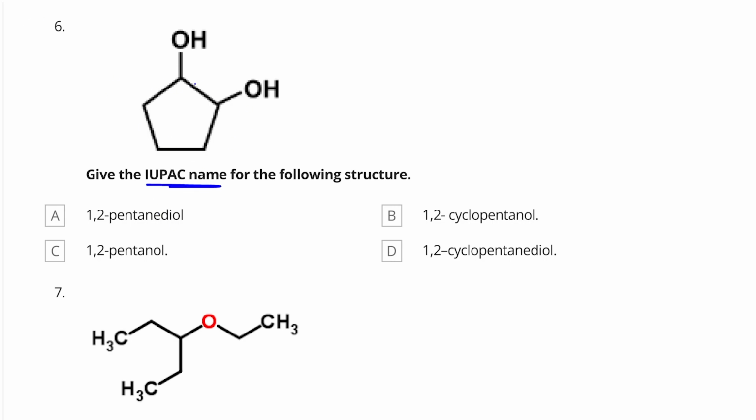And as you see, there is a cyclic structure. This means we have to determine whether we have a carbon backbone or maybe the alkyl group as an aliphatic chain structure or cyclic structure. If there is a cyclic structure, we have an additional prefix that we have to put just in front of the parent chain or the alkyl chain.